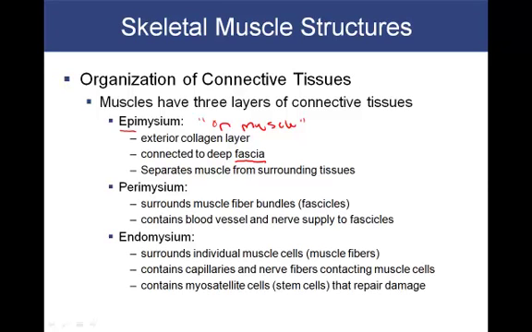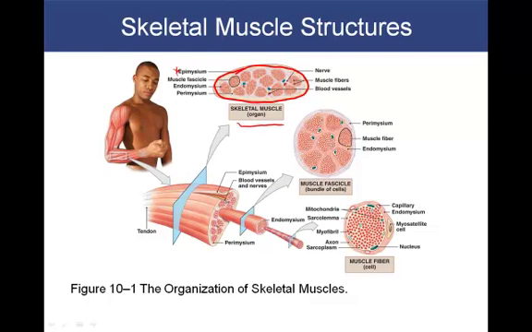As we move deeper into the organ itself, we can find the perimysium. And again, peri refers to around, around the muscle. As we look at the entire muscle, here's a cross section of the entire muscle, we find that there are small subdivisions within this muscle.